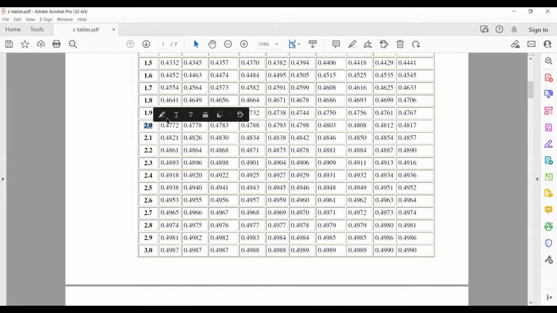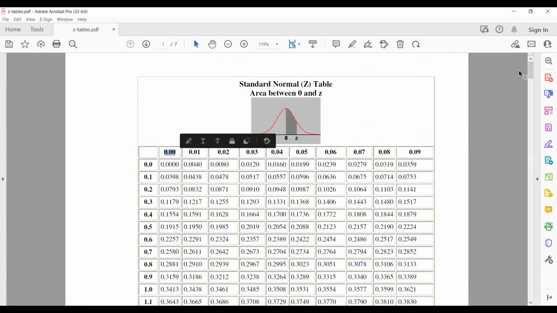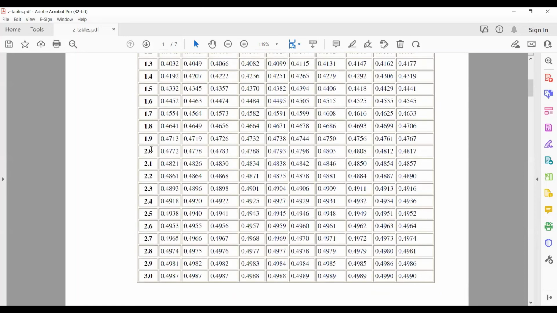Of course, the first column also corresponds to 0 over here, so we go to 2.0 plus 0, which gives 2. So the corresponding area that we're looking for is this one here, 0.4772. So now we're going to go 0.5 minus 0.4772. Let's go back to the whiteboard and do that.